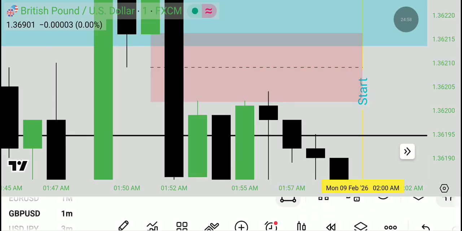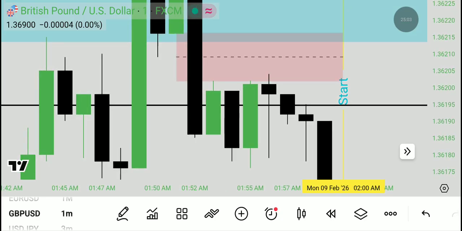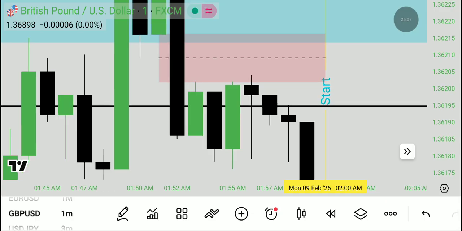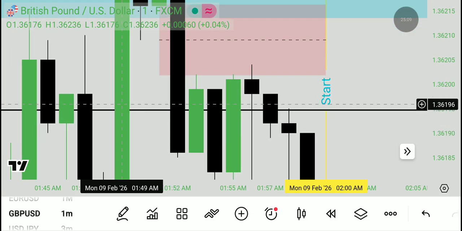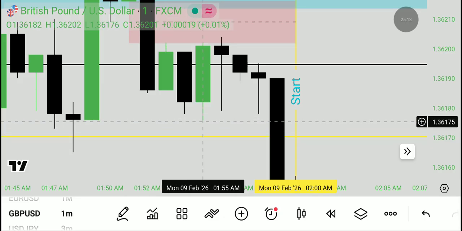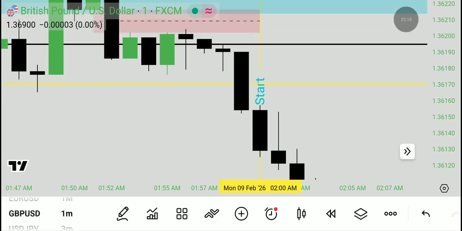You can see the gap over there. They did not move to that gap, they come down and take this low out and also give displacement.